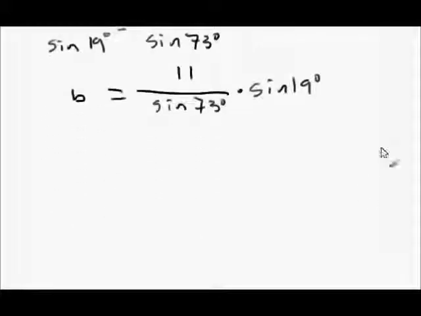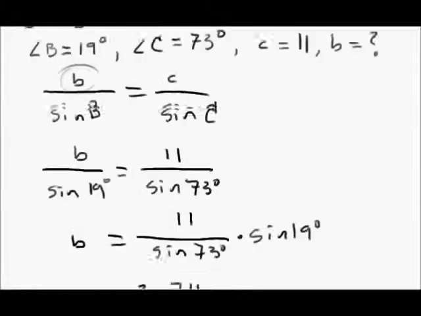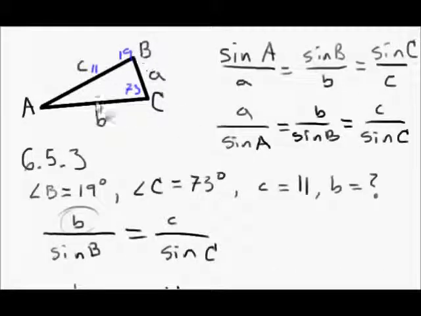And when we punch that into our calculator and simplify, we get that the length of B is 3.74. Alright, and that's all we can do with this. We don't know anything about angle A or side A, so we can't find them using the law of sines. We could with the law of cosines, but that's later.